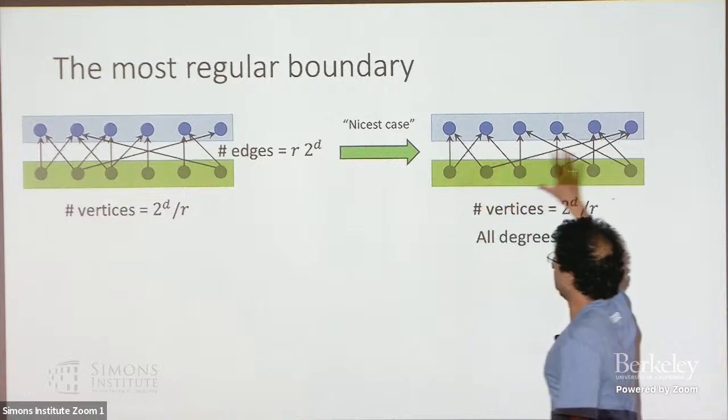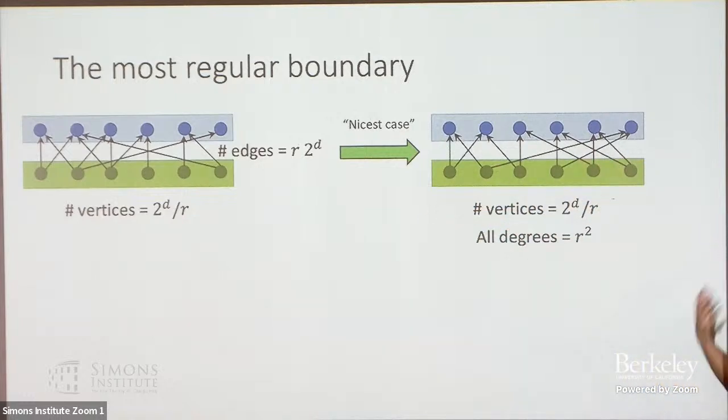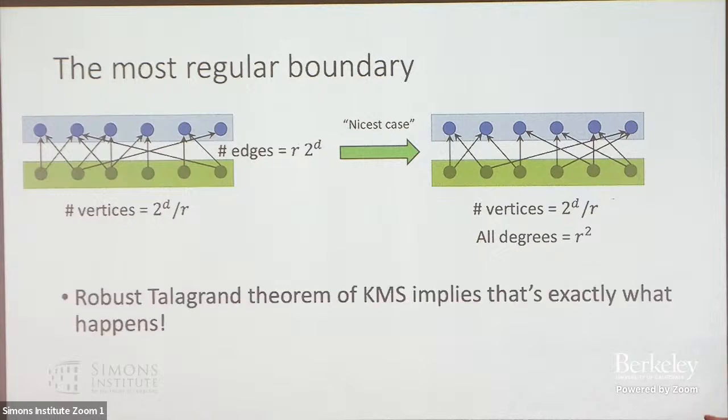So this is what would happen if the boundary was regular. The robust Talagrand theorem of KMS implies that's what happens, up to some loss of factors. That is absolutely insane. It says that the boundary essentially contains a regular subgraph with these parameters.